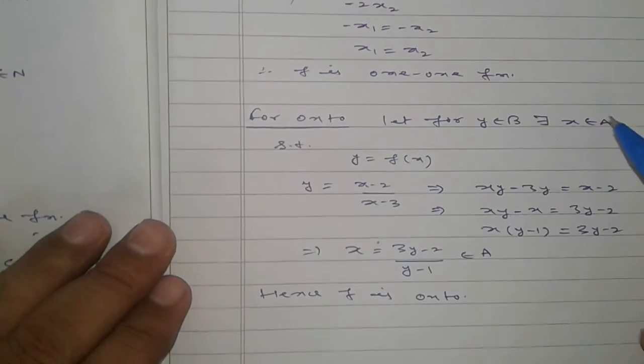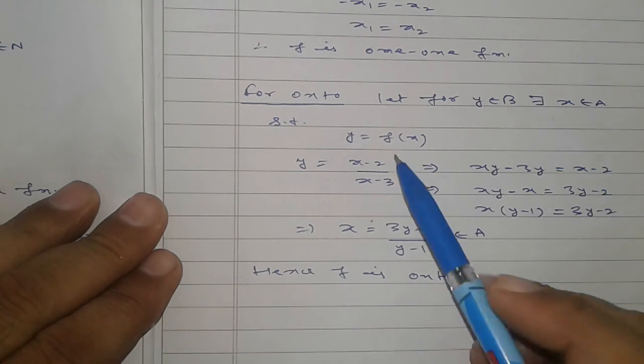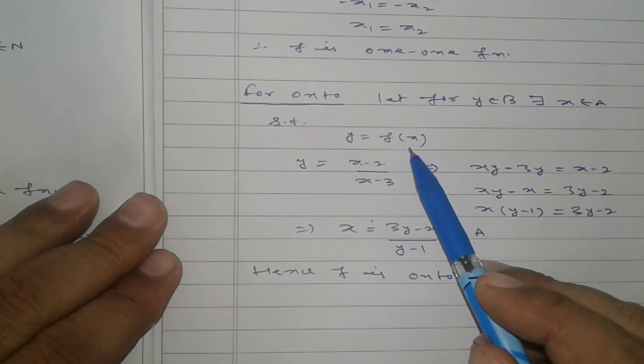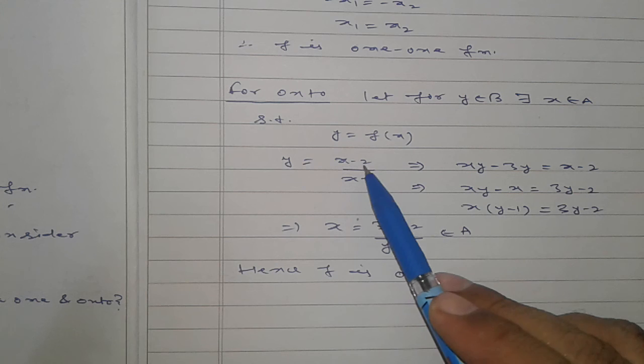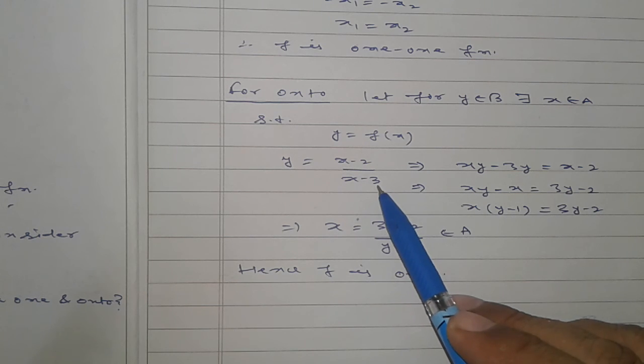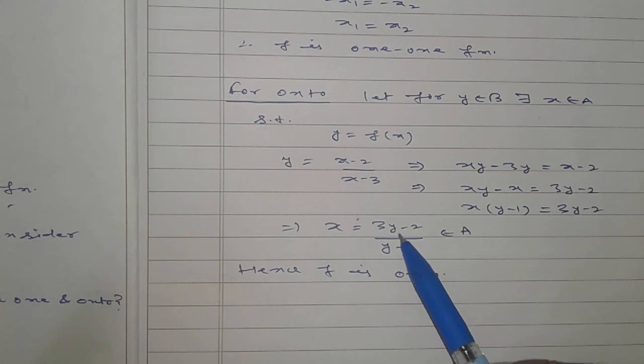For onto, let any y belong to B, then there exists x in A such that y is equal to f of x, so y is equal to (x minus 2) by (x minus 3). Then we write x in the form of y.